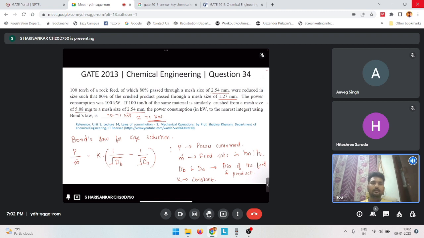Right. So basically in this question, they have given us two different size reduction processes, but both of these size reductions are following the Bond's law. So using case 1, we had all the data except for the Bond's law constant K. So we used those data and found the constant K from case 1.